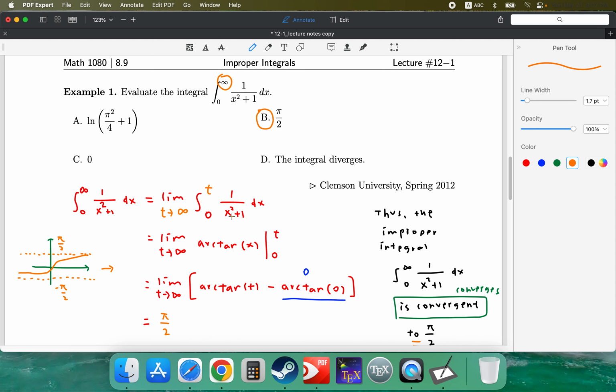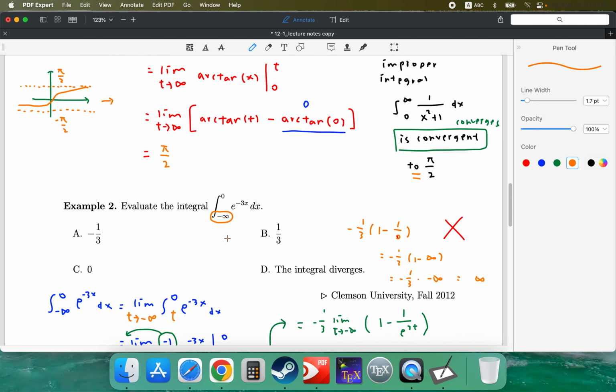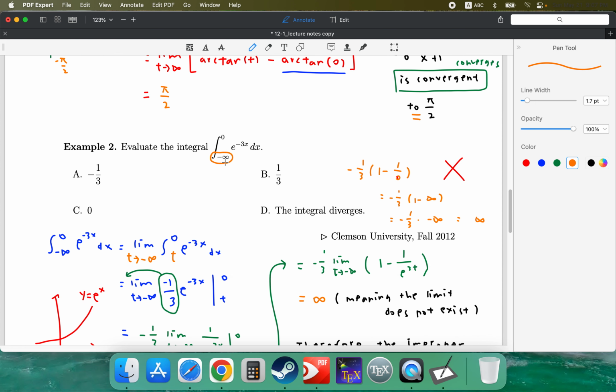Just don't use x. You can use anything you like instead, just except for x. And then you will let t in this case go to infinity. You will let t in this case go to negative infinity. And then perform your integration as before.